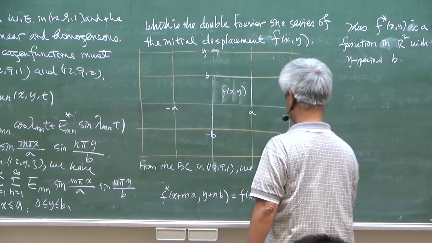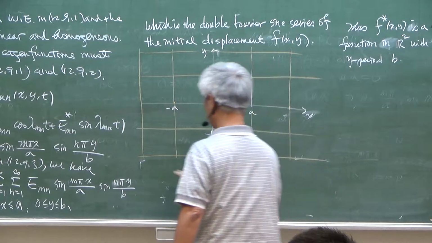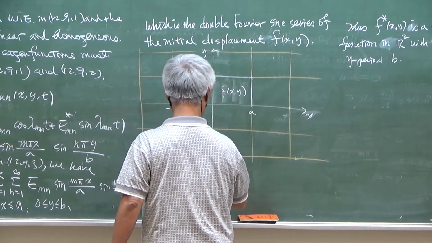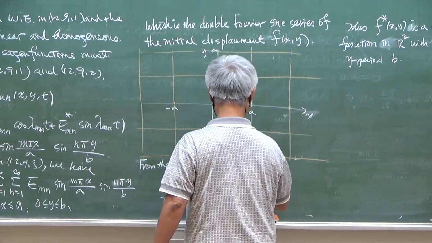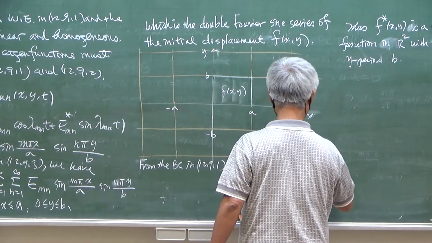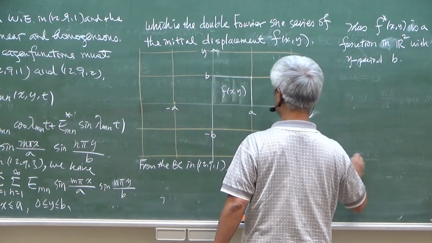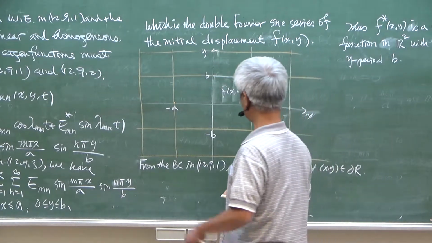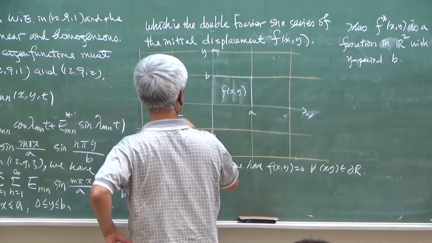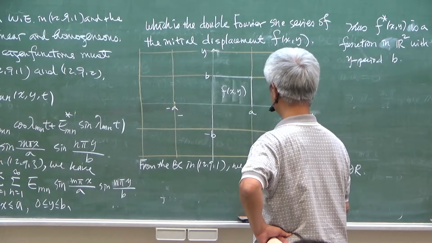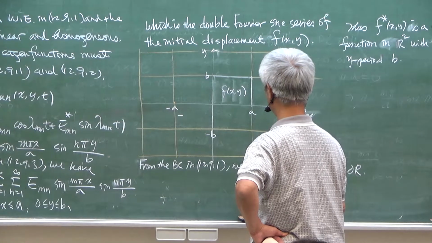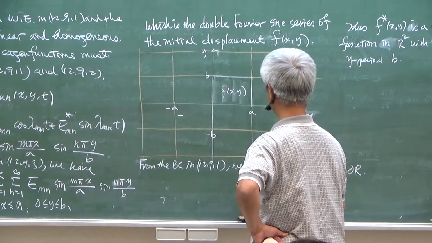From the boundary condition in 12.9.1, we have f of x y equal to 0 for all x y in the boundary of R. Now I should extend that. For here, I have minus.